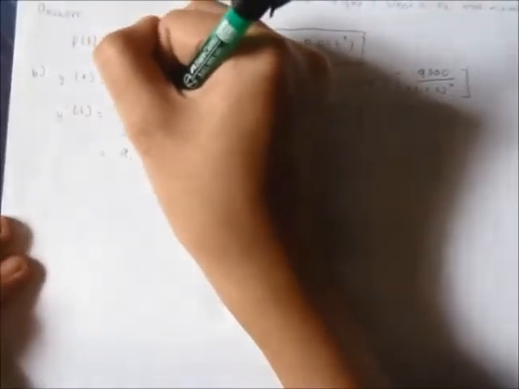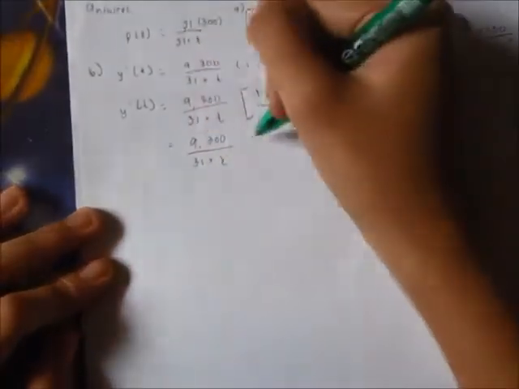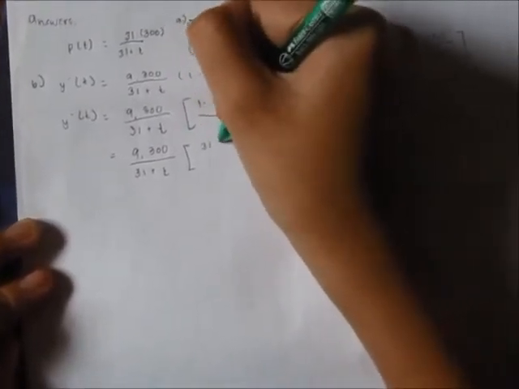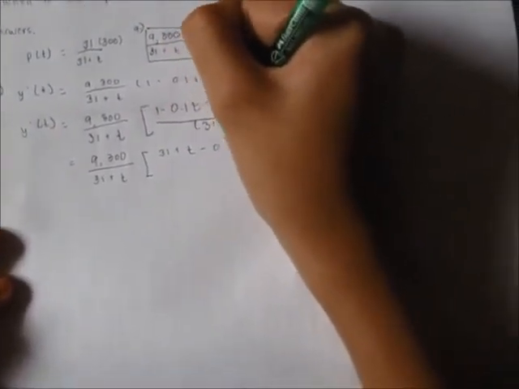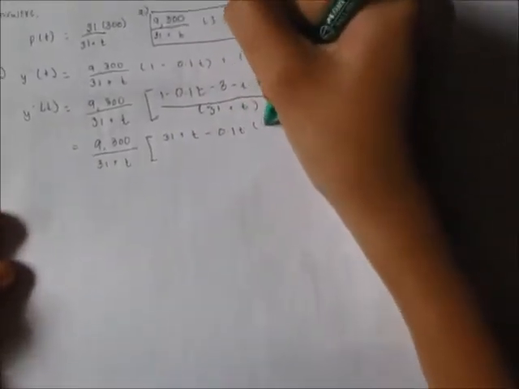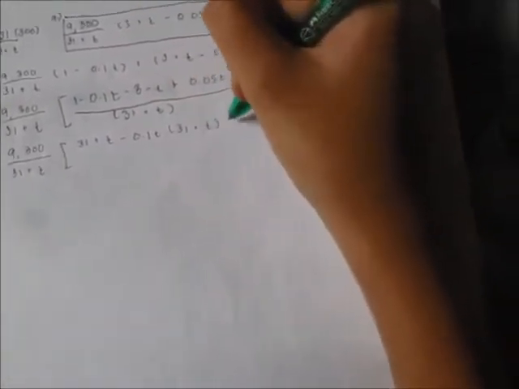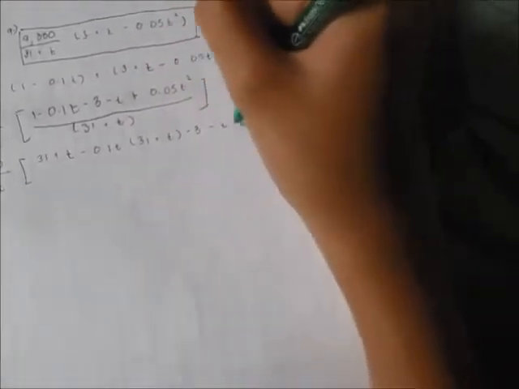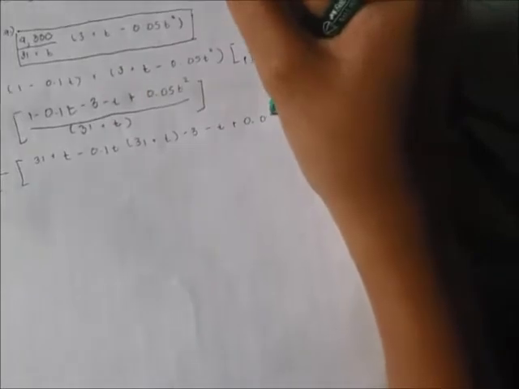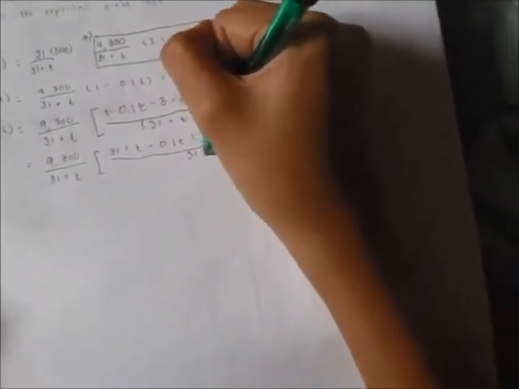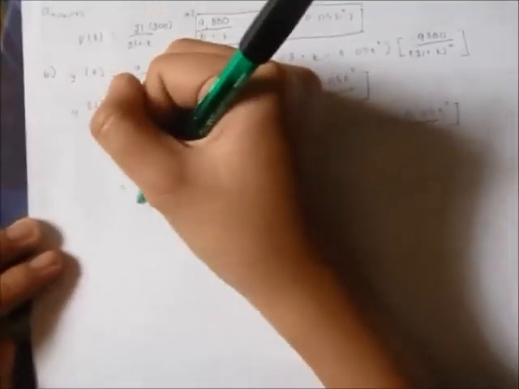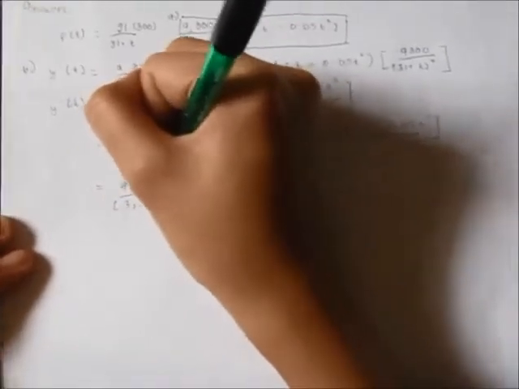Then, 9,300 over 31 plus T, bracket 31 plus T minus 0.1 T times 31 plus T, minus 3 minus T plus 0.05 T squared, all over 31 plus T, equals 9,300 over 31 plus T squared.